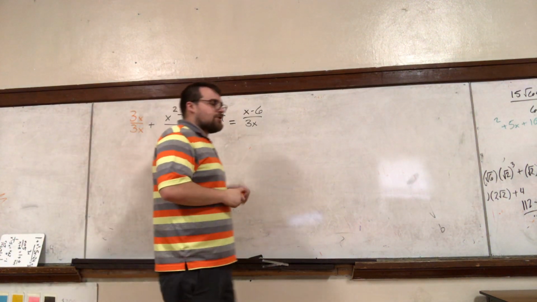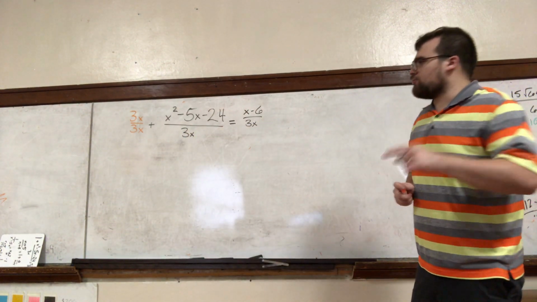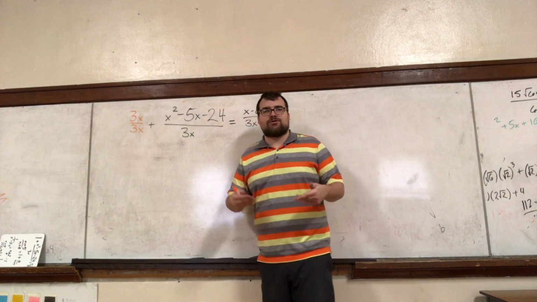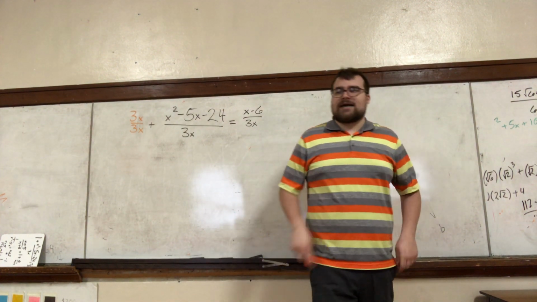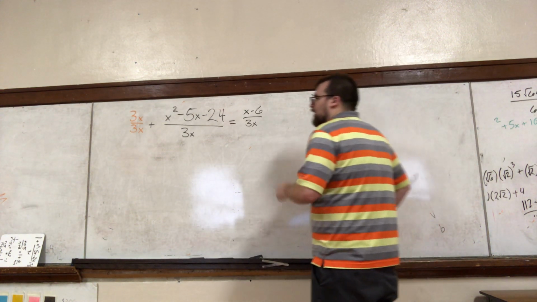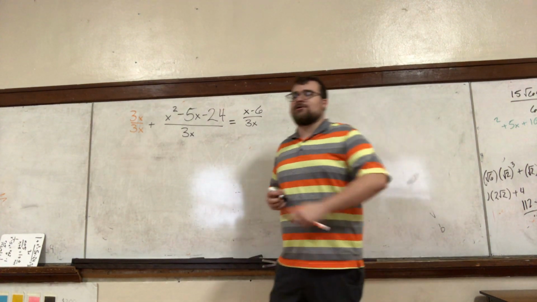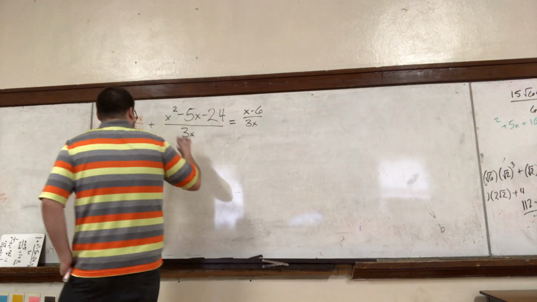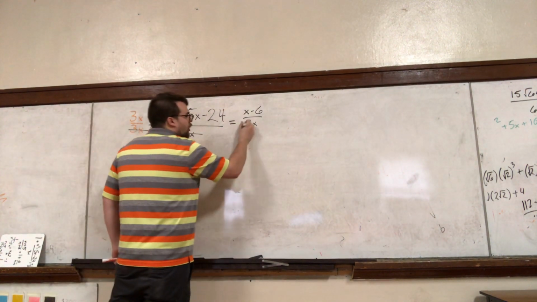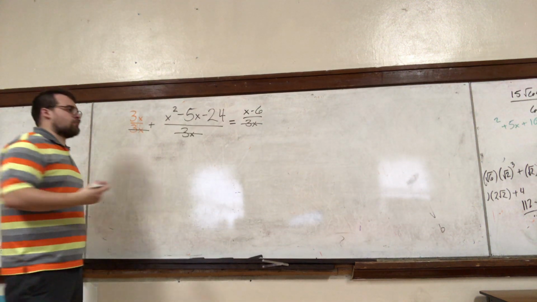Now here's another, even better shortcut to these problems. You notice that every single part of this problem has a denominator of what right now? 3x. When every single part of a problem has the same denominator, what'd you say? Cancel them out. They can go away. So if every part of the problem has the same denominator, they are all going to get canceled out and removed.